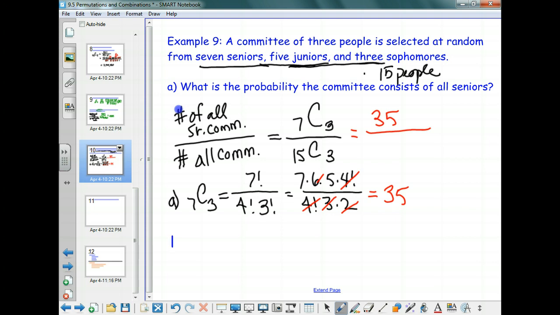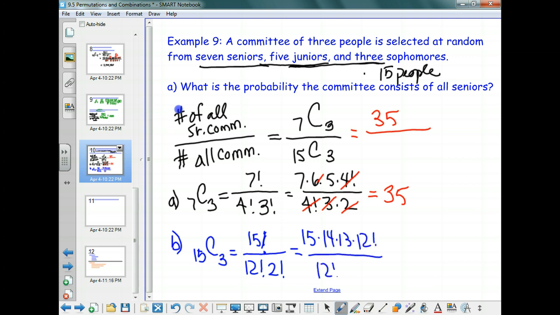Part B, my made-up part B, is the 15C3. What's that going to look like? 15 factorial over 12 factorial, 3 factorial. So the 15, 14, 13, 12 factorial, I get to stop.